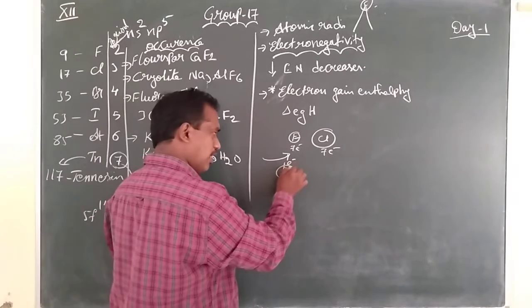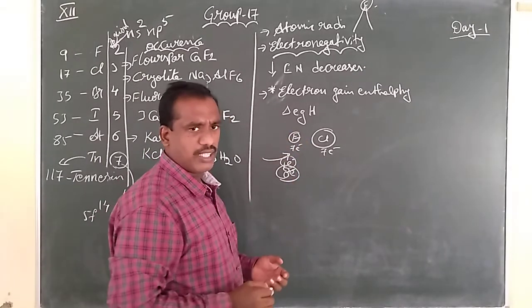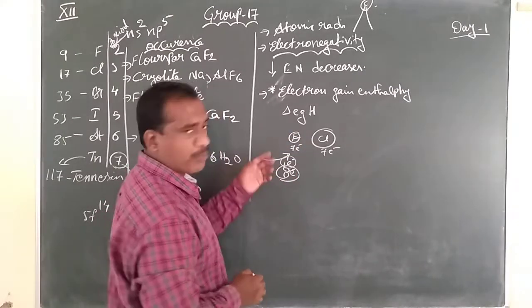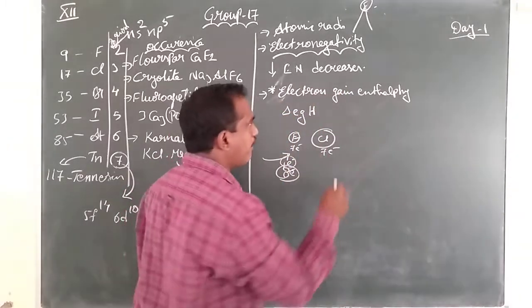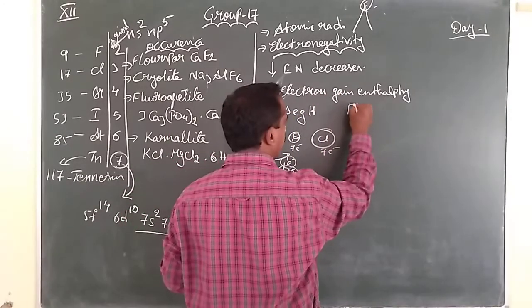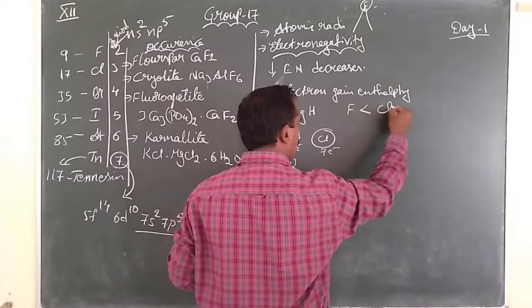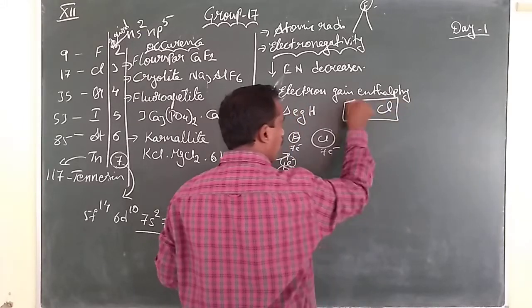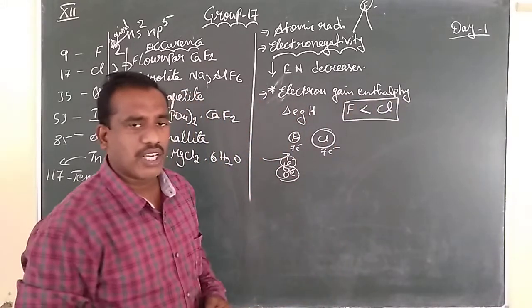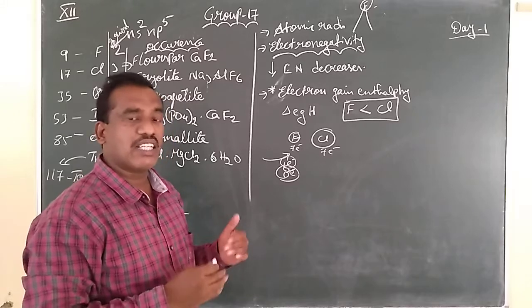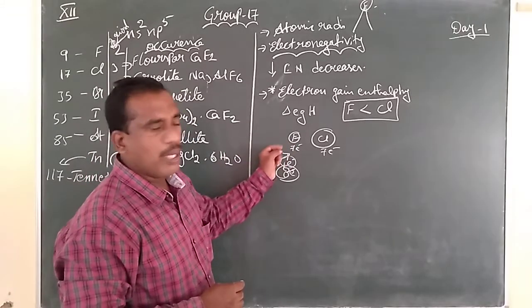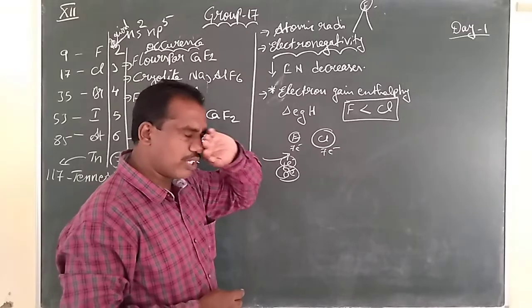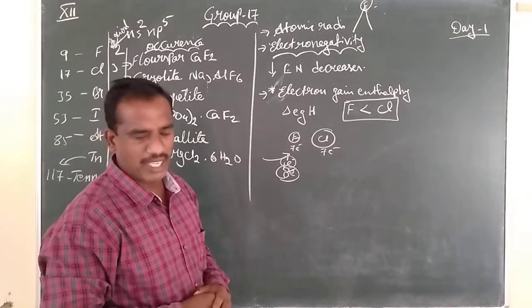Hence, the electron cannot be added easily into this outermost orbital. So what we say: the electron gain enthalpy of fluorine is lesser than that of chlorine due to the small size of fluorine. But in chlorine, as the size is more than fluorine, it can readily accept the electron.